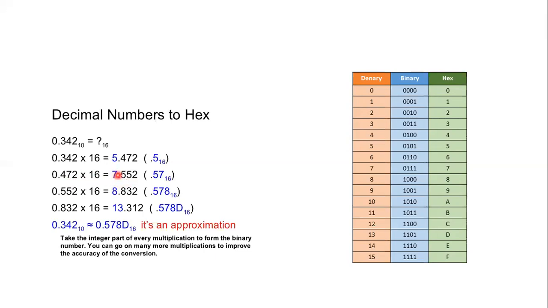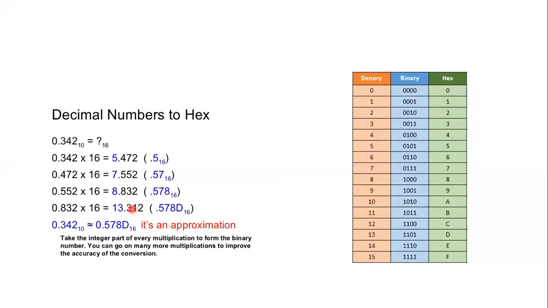So 7 is a carry, and then 0.552 is multiplied by 16. Okay. Then when you multiply this, 8.832, so 8 is a carry. Then 0.832 multiplied by 16, 13.312.